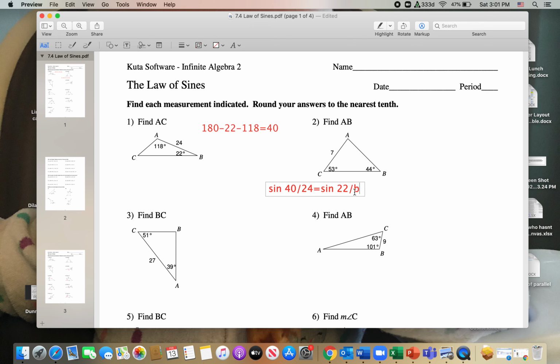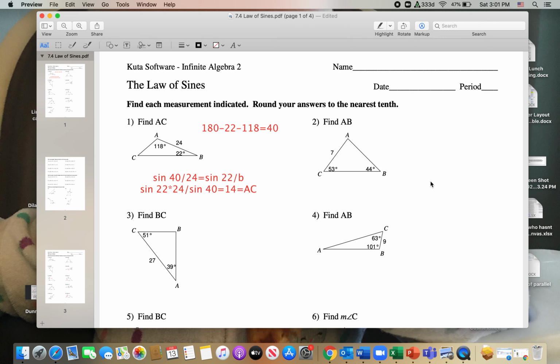That is 14. So basically we took sine of 22 times 24 and then divided by sine 40 and got 14, which equaled the b, or AC, as they happen to have it. 14 is your final answer on this.